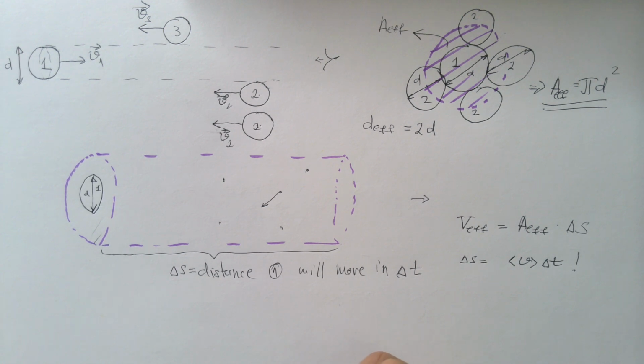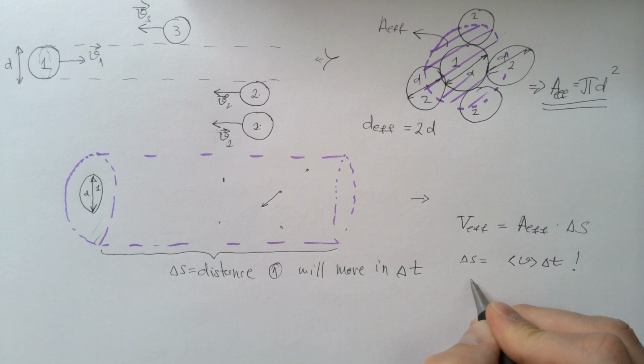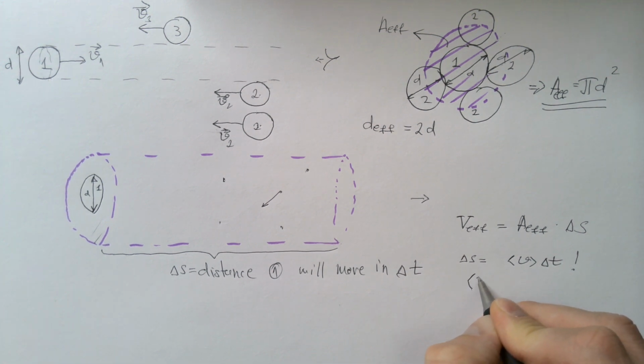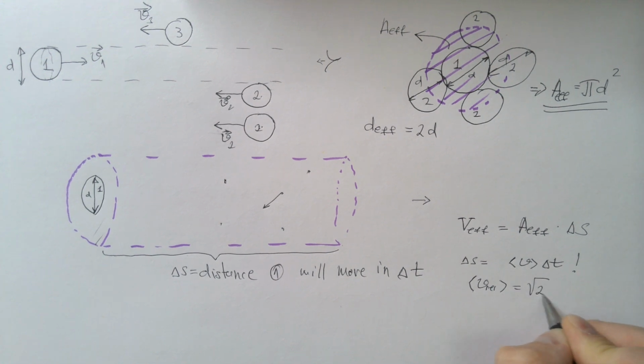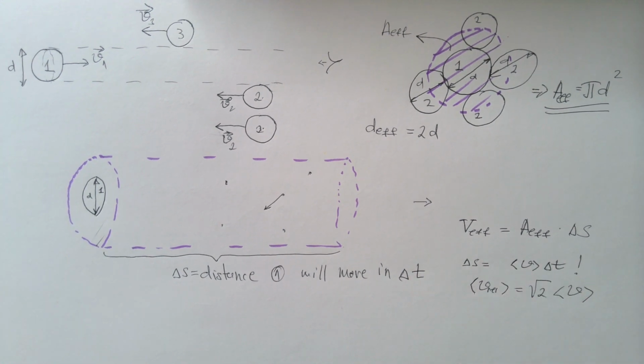my effective volume. And from my video on relative speeds, you know that mean relative speed is equal to square root of 2 times mean speed. I went into great lengths in my video on relative speeds to demonstrate this.